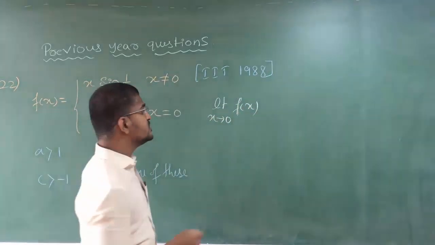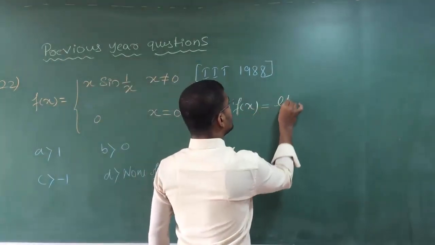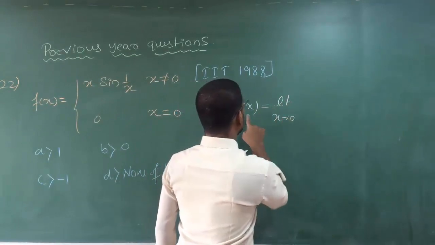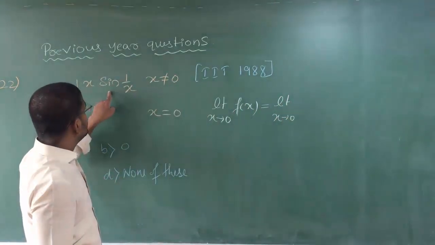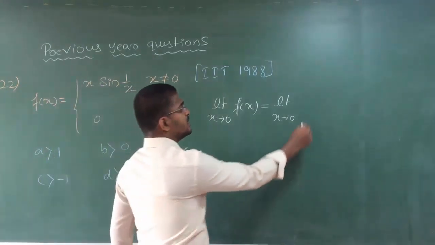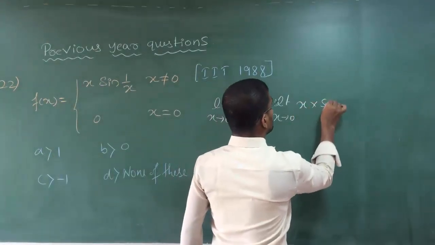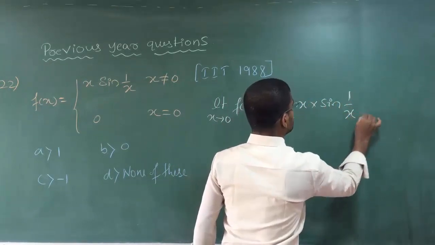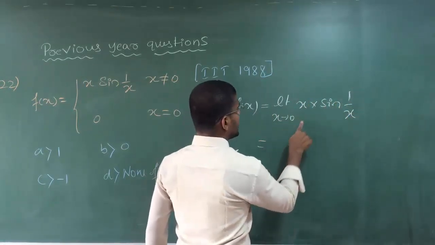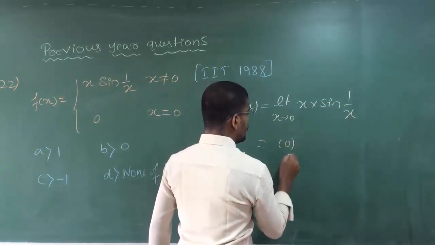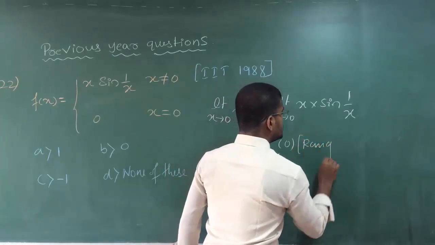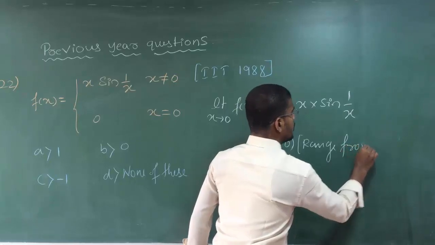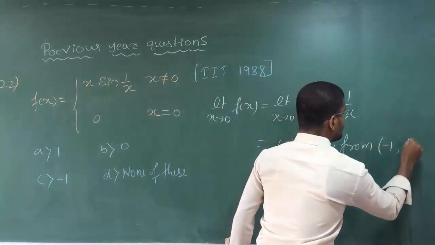Clear? So this is equal to limit x tending to 0. What is your f of x? x into sine of 1 by x. Here, if I take x term as 0 and sine of 1 by x is having range from minus 1 to plus 1.